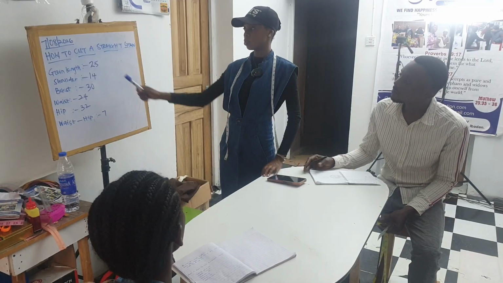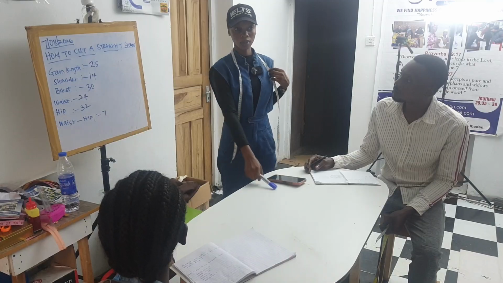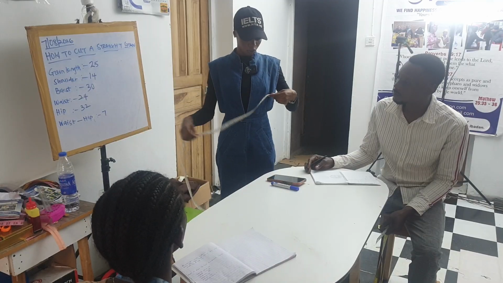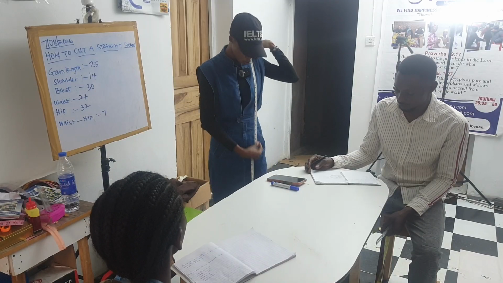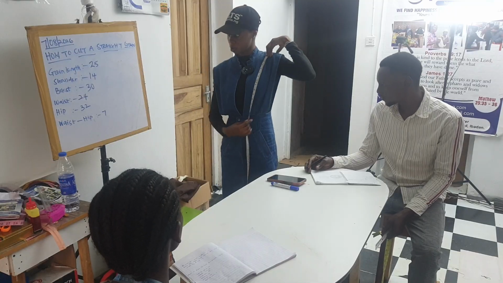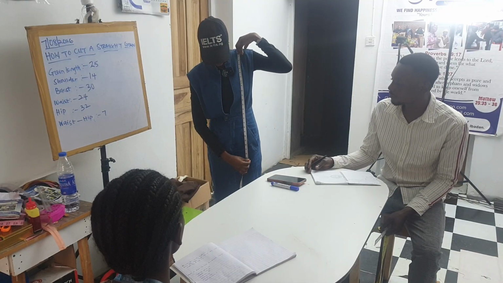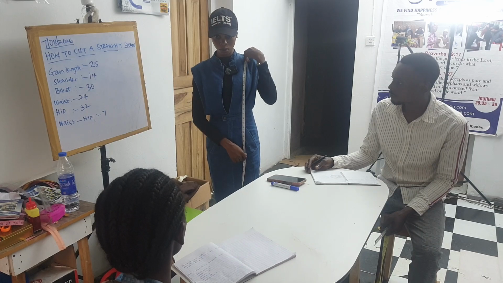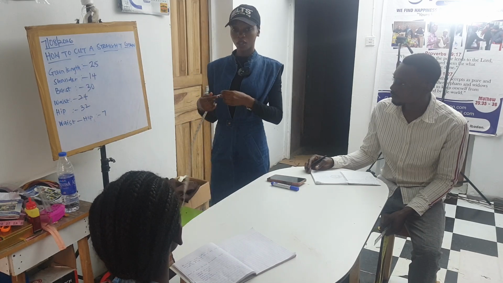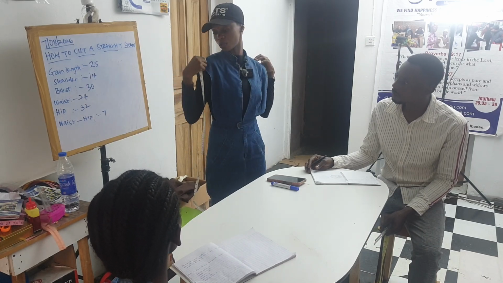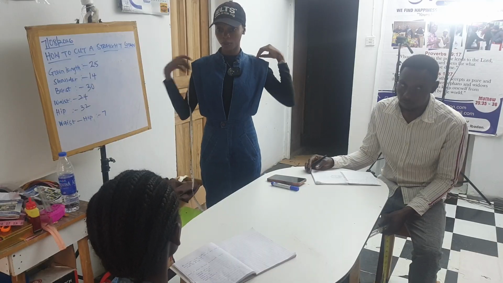We know that the gown length is measured from your shoulder to where your gown will reach. For the sake of this class, we'll be using 25. Let's say this is where the gown will get to, a length of 25. Then shoulder to shoulder, we are using 14.